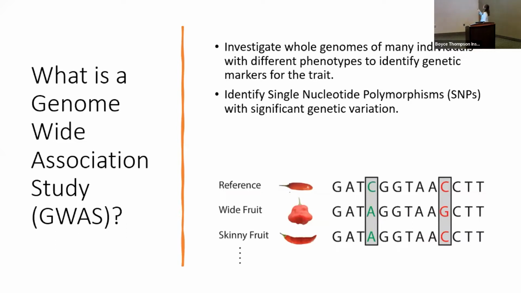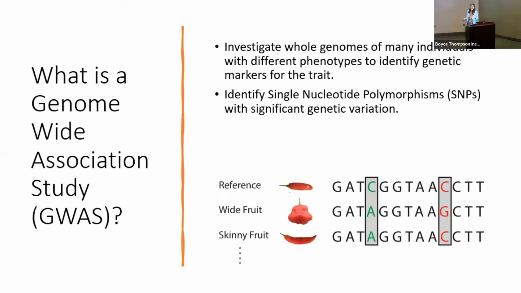I have some examples of these in the gray boxes here. In the green SNP, both the wide fruit and the skinny fruit have the same allele, and they differ from the reference. And in the red SNP, the skinny fruit and the reference have the same allele, while the wide fruit has a different allele.